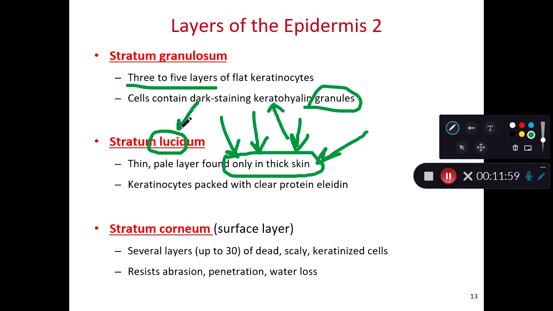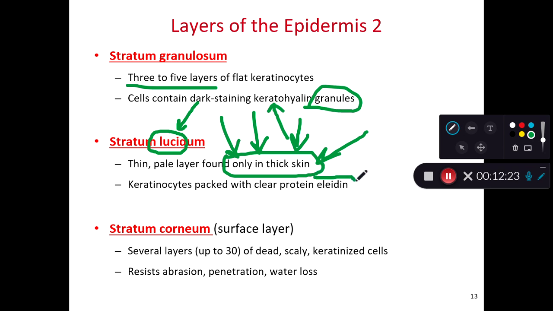I personally always think of the name Lucifer, which is a name that refers to the angel of light. And in this case, this layer is going to let more light through the photomicrograph, hence the name stratum lucidum. It tends to be a brighter layer, and it's directly superficial to the stratum granulosum.